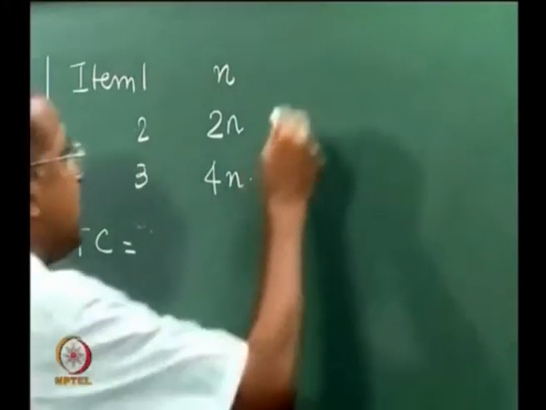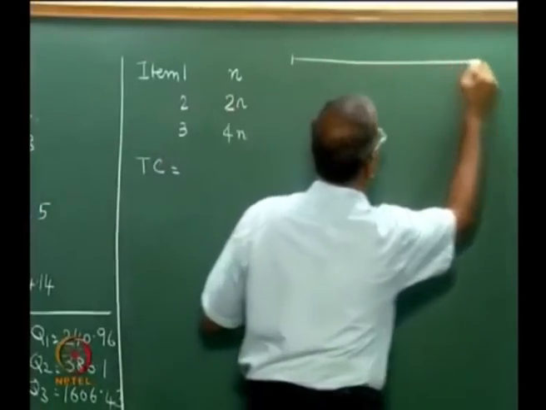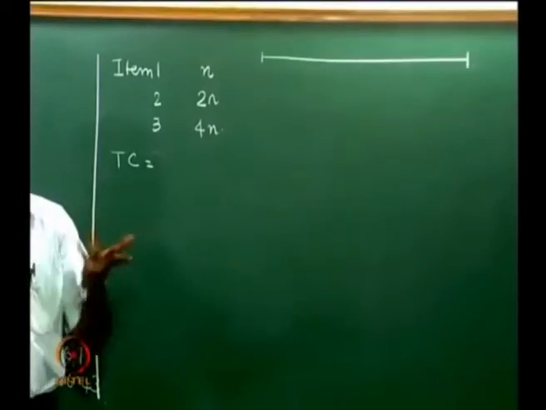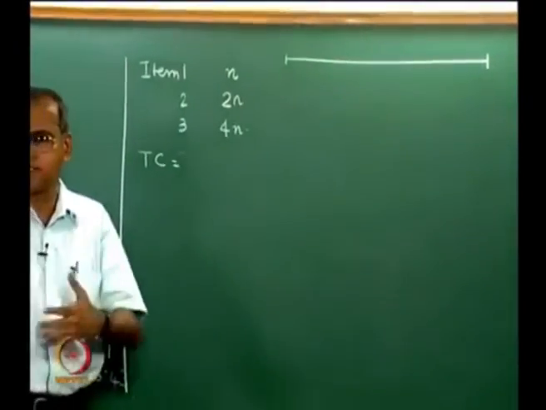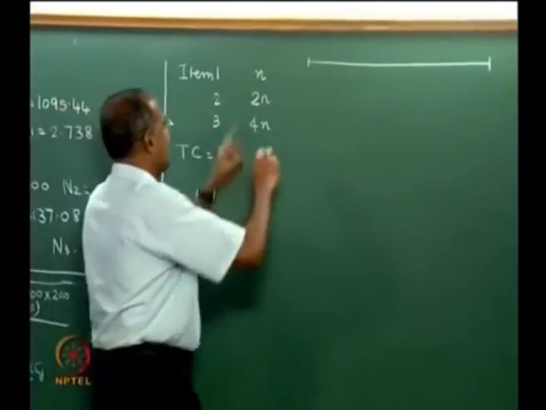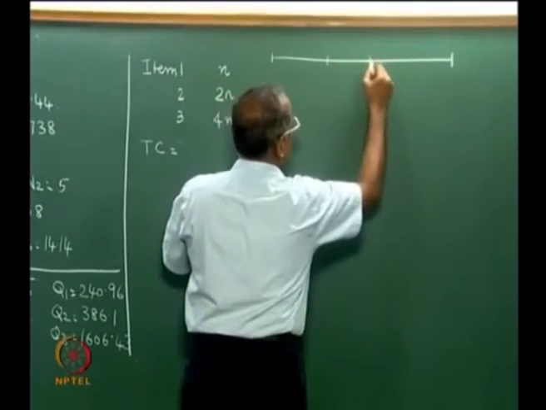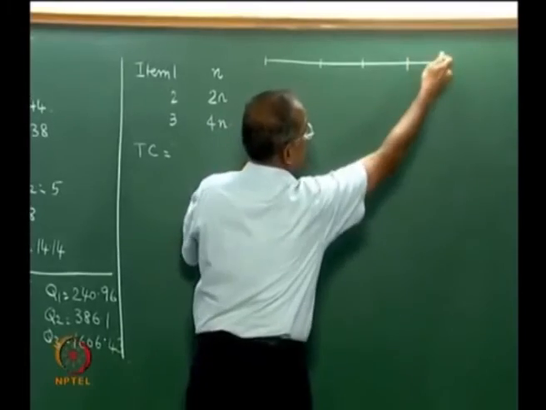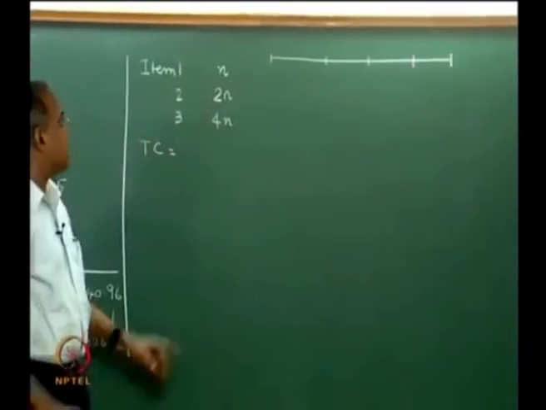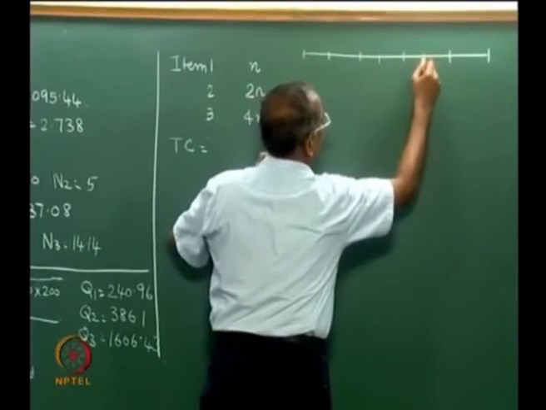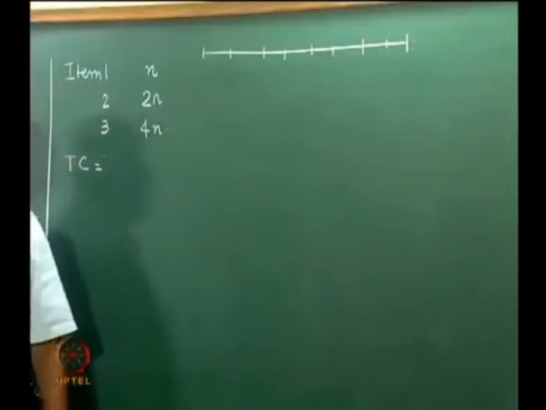For example, if we say that 4n is equal to 16 and n is equal to 4, it is like saying that the first item will be ordered 1, 2, 3, 4, and then it goes. This is the next year. Now, this item will be ordered here 1, 2, 3, 4, 5, 6, 7, and there is an 8.